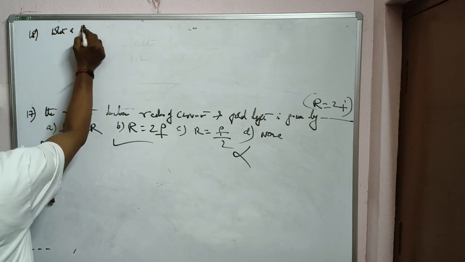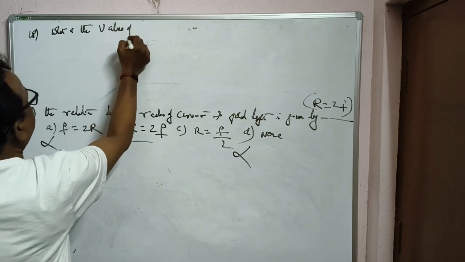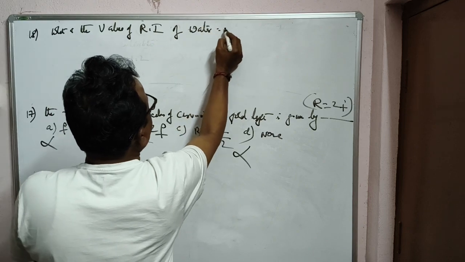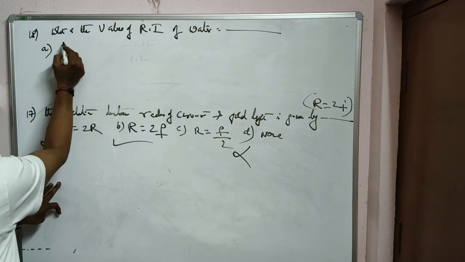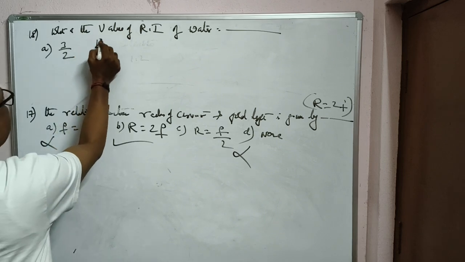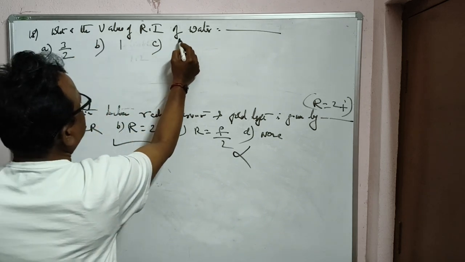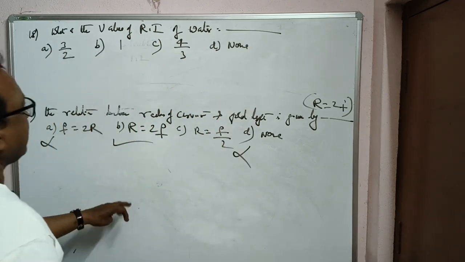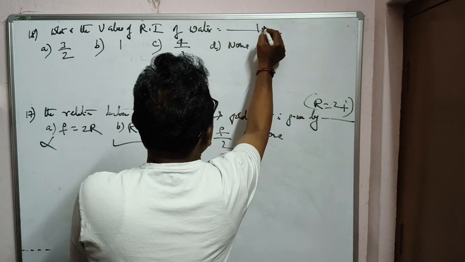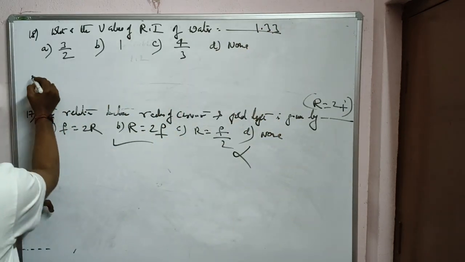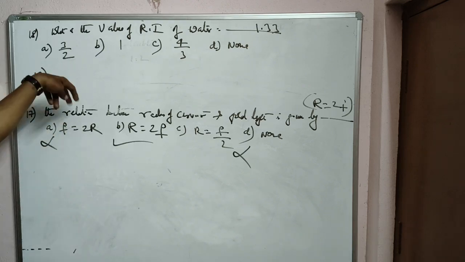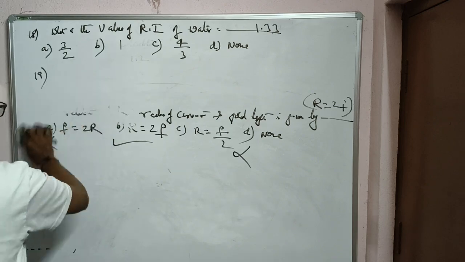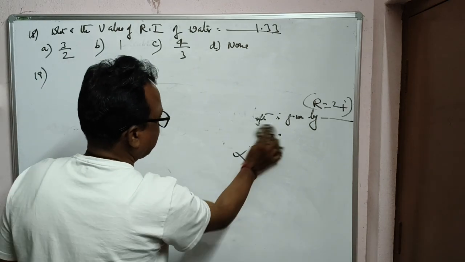What is the value of refractive index of water? A, 3 by 2; B, 1; C, 4 by 3; D, none. In general, water is taken as 4 by 3, that is 1.33. Okay, and 3 by 2 is not water. 3 by 2, 1.5, is the refractive index of glass, please. Okay, next.